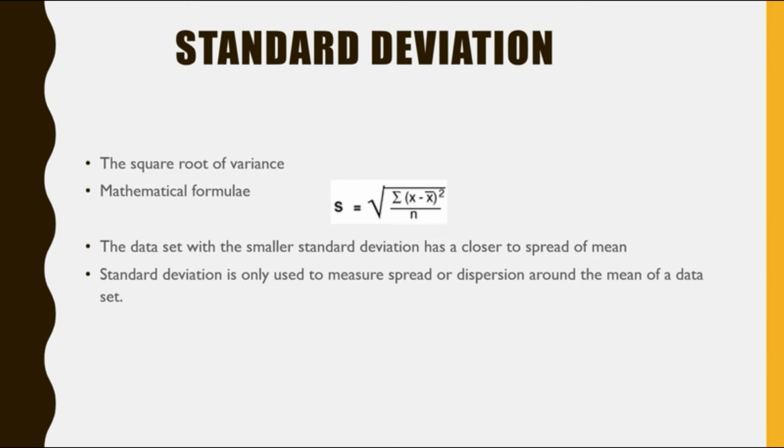It means the standard deviation is the neighborhood of the mean value. If the standard deviation is larger, then the neighborhood of the mean value is extended. And if the standard deviation is smaller, then the neighborhood is very close.